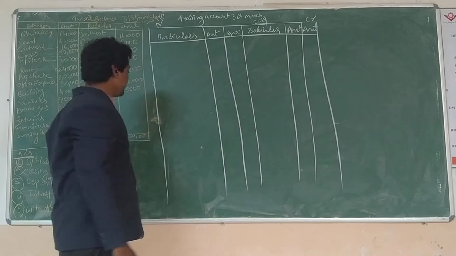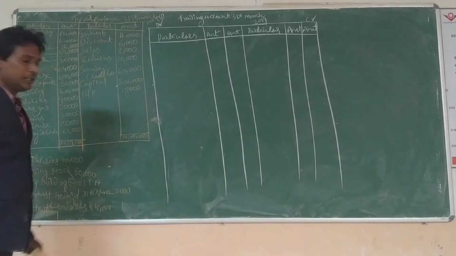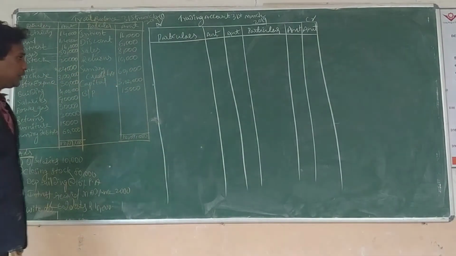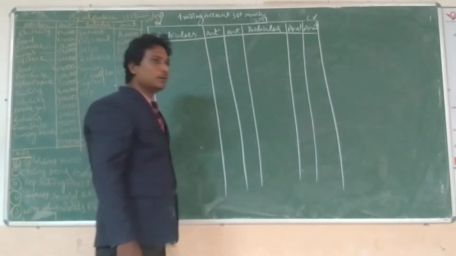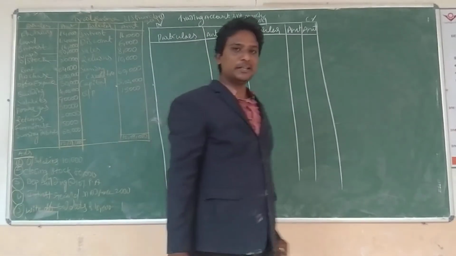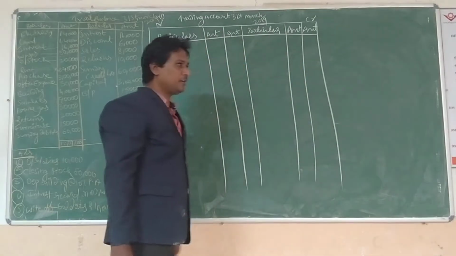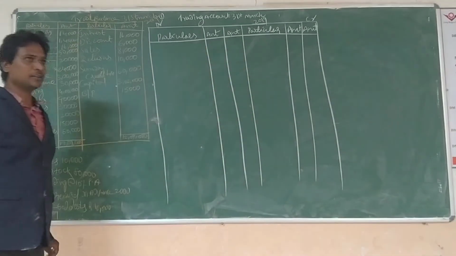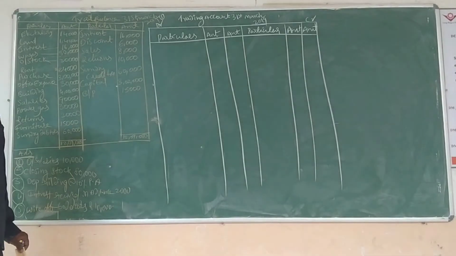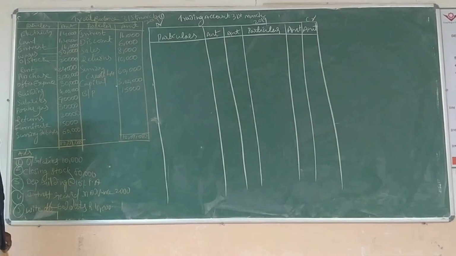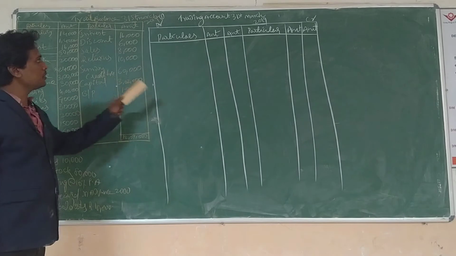So compulsorily, as I said in the previous class, in the trading account we record only the direct expenses. I have already given you which are direct expenses and indirect expenses. According to this question we are going to do the problem.